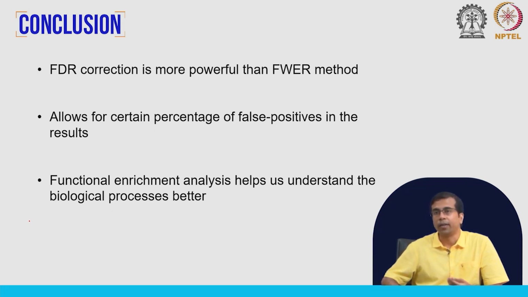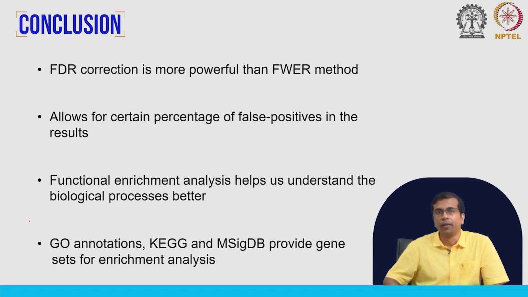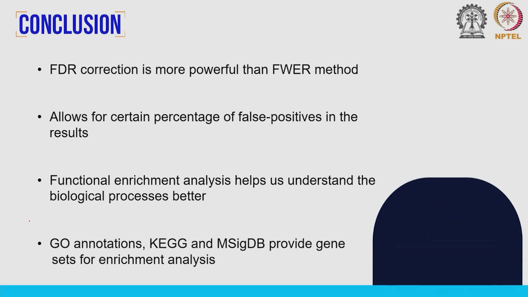This will help us gain more biological insights into the disease process, for example, or stress response or drug treatment, etc. We have talked about some of the databases that allow us to do this functional enrichment analysis: GO annotations, KEGG, and MSigDB, and we have very briefly mentioned how they associate these genes to their specific functions.